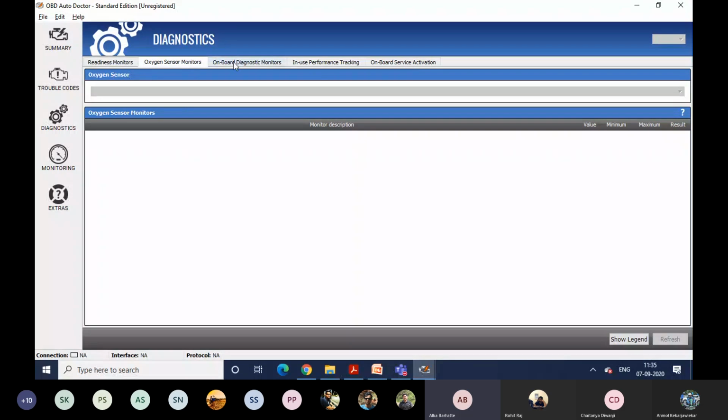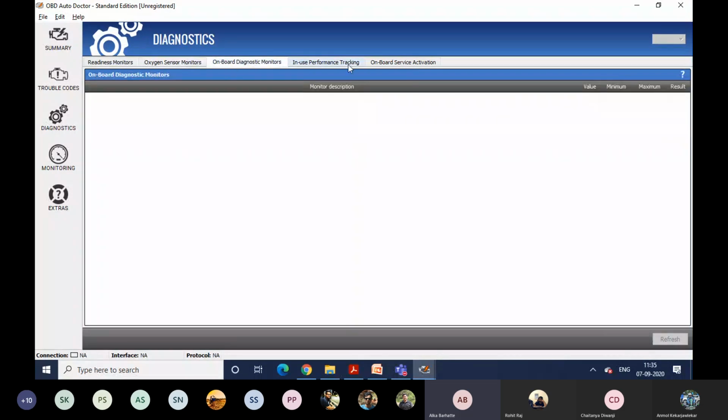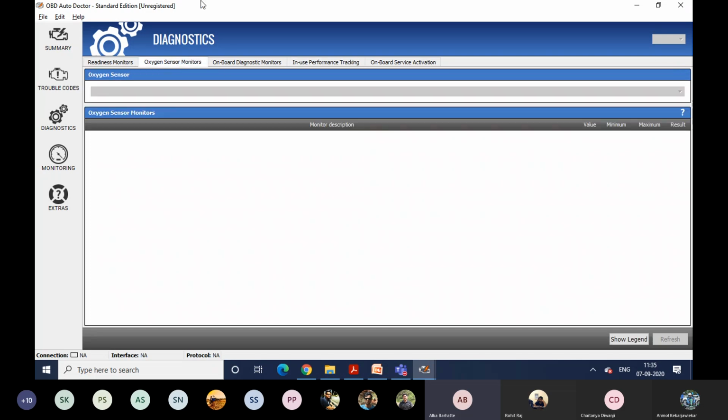Okay, so onboard diagnostics monitor, here you can get various sensors. Actually here there is the option to select the sensor values, or a particular system related to what you want to measure the sensor values. Again, this is not the full version or the standard version.